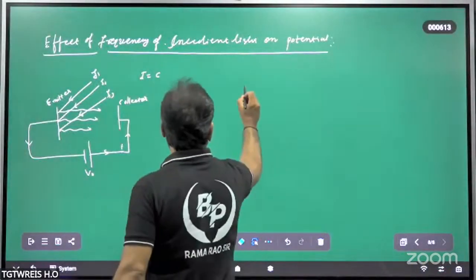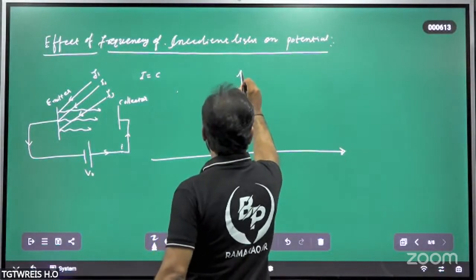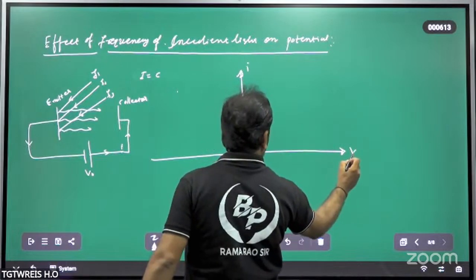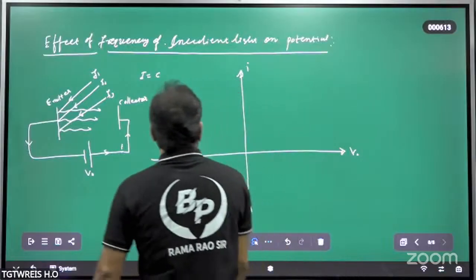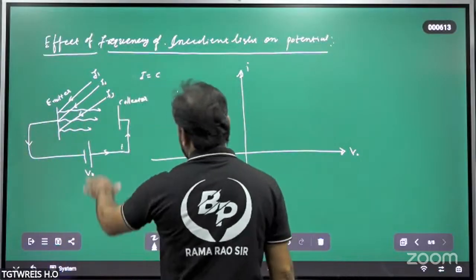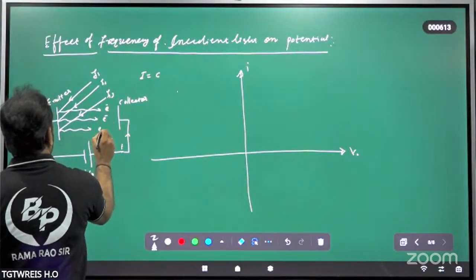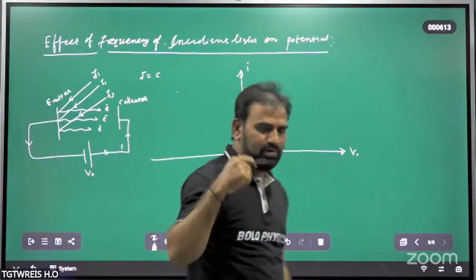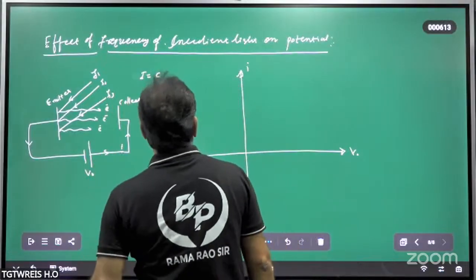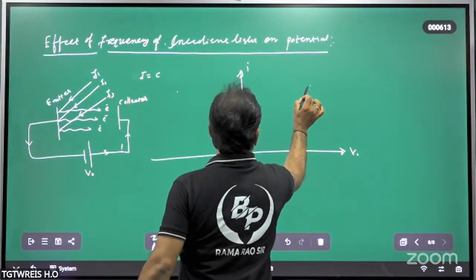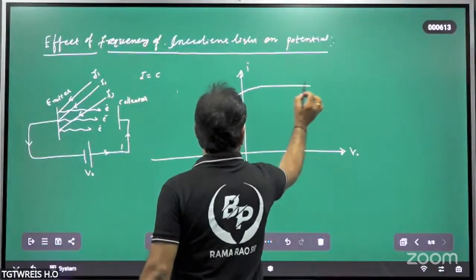See here, when we draw the graph between I and V naught, first F1 frequency is incident on this, and F2 frequency is also incident on this. It emits different electrons, that means different densities of electrons, which produce different currents here. Here the intensity of light is kept constant. I is equal to constant.